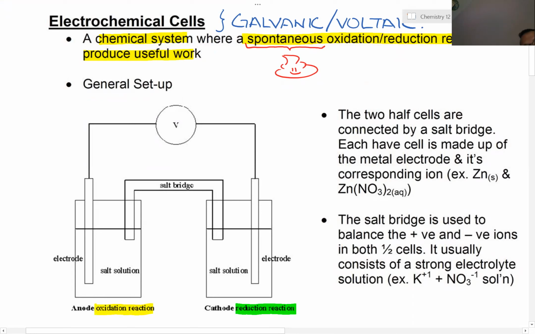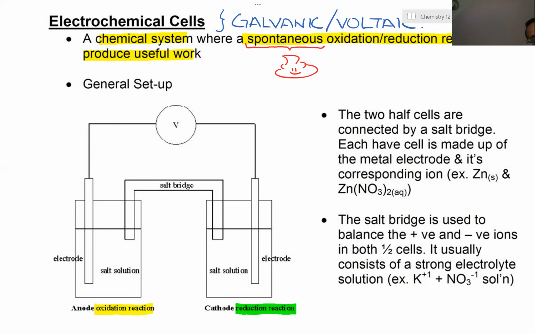Okay? Now, each of these cells is made up of the metal electrode and its corresponding ion. So in this case, let's say I have a zinc metal, I have a zinc solution that has zinc ions. Okay?